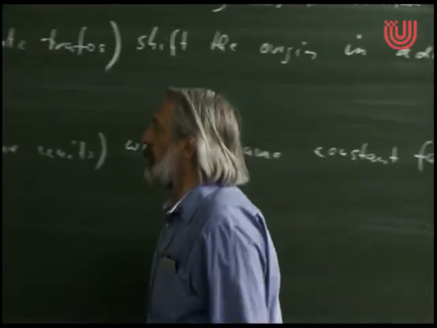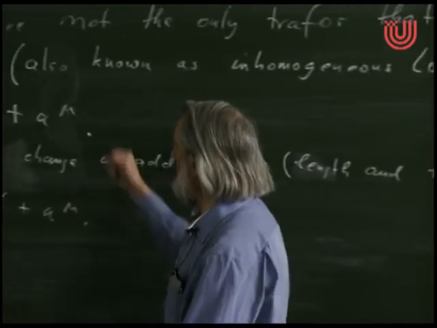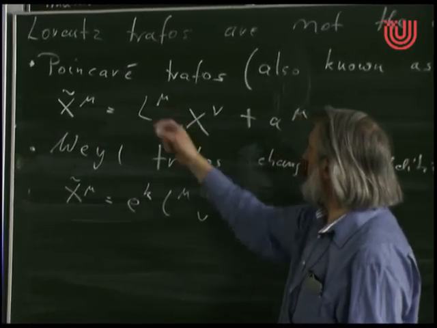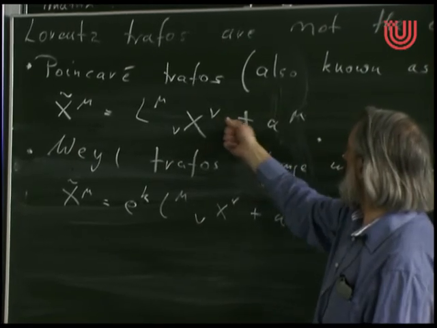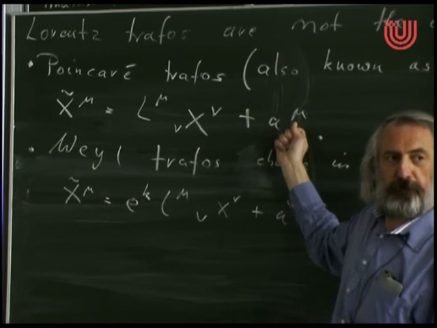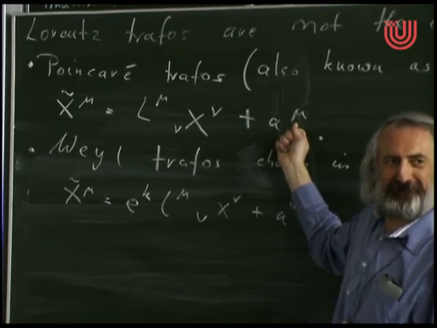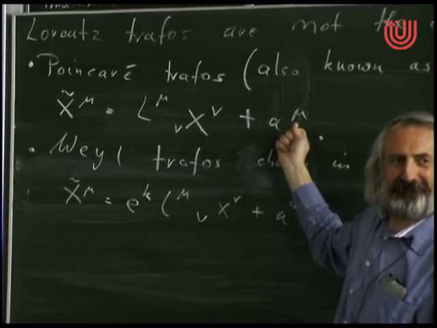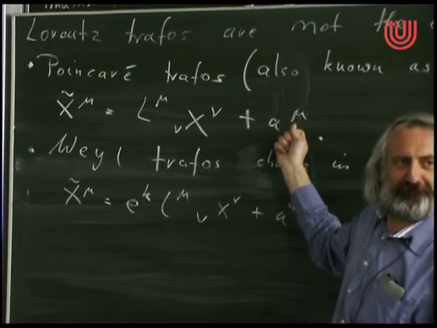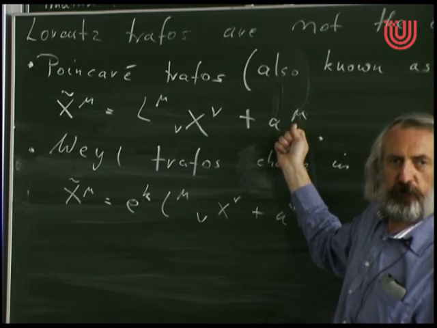And maybe now you can guess what's the dimension of the Poincaré and of the Weyl group. If this set of transformations gives the 6-dimensional set, how many dimensions do I get by this additional thing here? You're smiling already? Yeah, 4 extra, so it's 10 altogether, right?